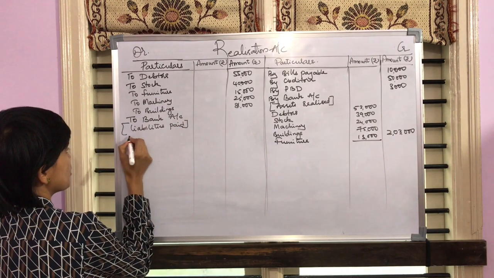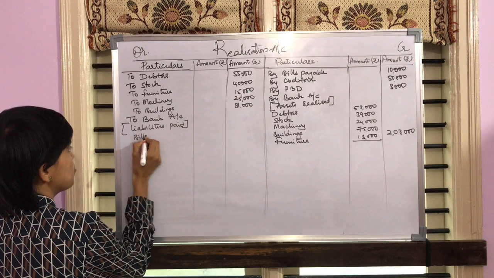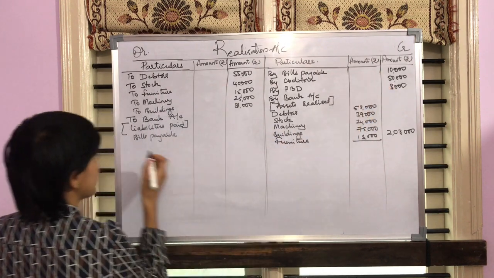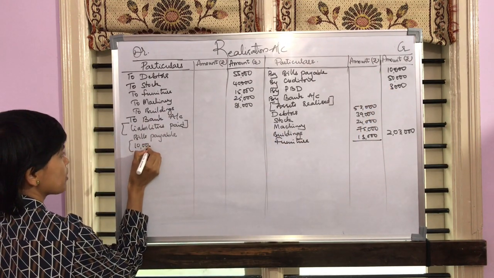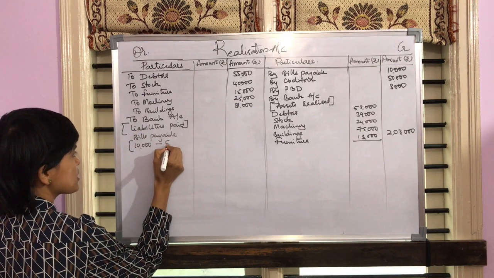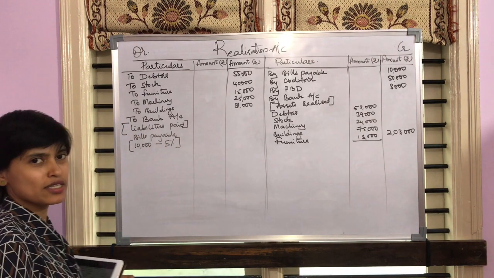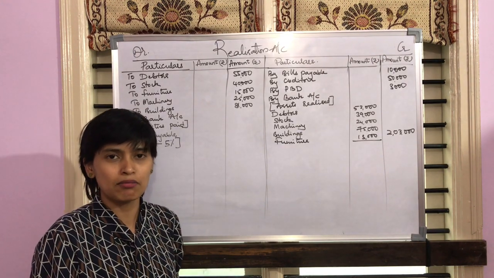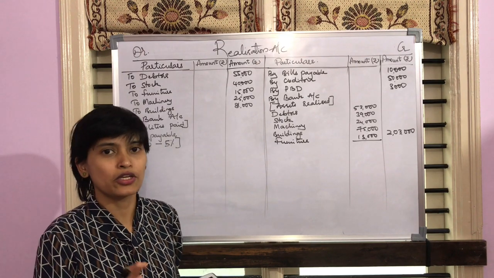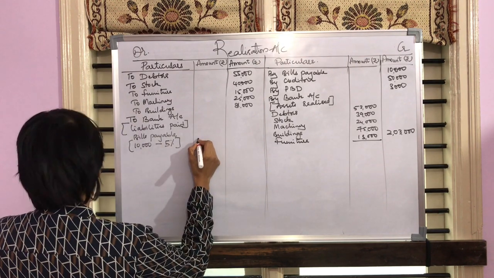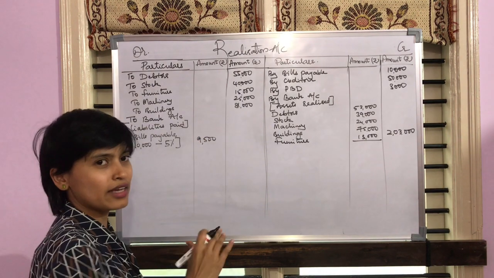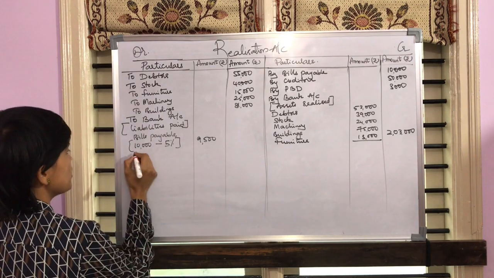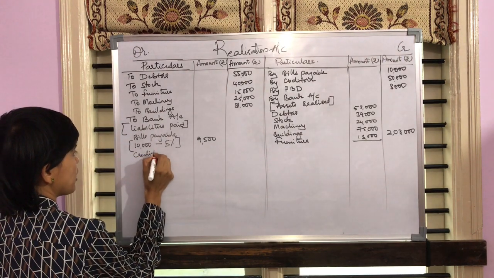What's the first liability? As per the question, it is bills payable. The value of bills payable is 10,000 minus the discount value is 5%. So what you can do is, students, in your calculator type 10,000 minus symbol 5%. You will have the answer as 9,500. That's a direct way to work out the solutions. It will be very easy for you as well. The next one is creditors.